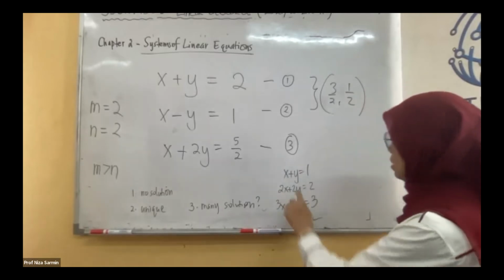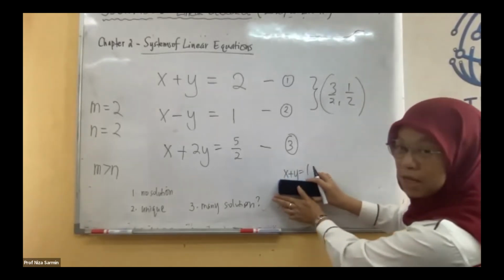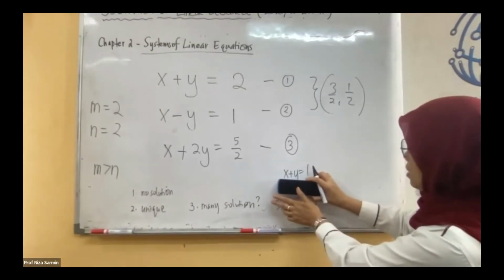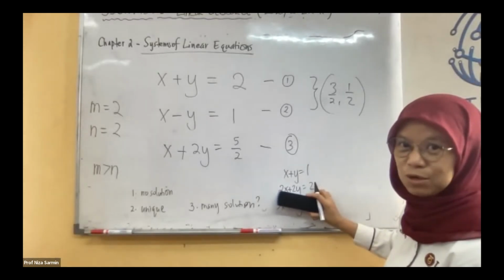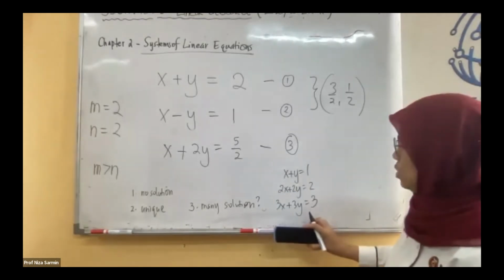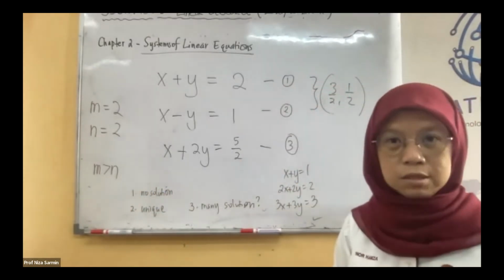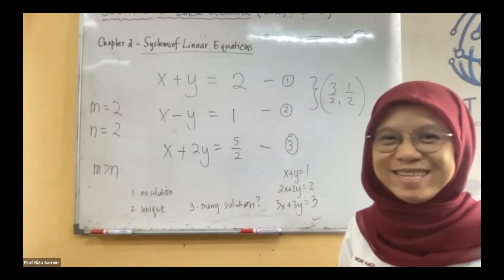Without these 2, you can get many solutions: 0, 1, 1, 0, half, half. Because they are actually equal, you get many solutions, and that's also equal. So with m bigger than n, it is possible to get many solutions. Okay, okay for the introduction.